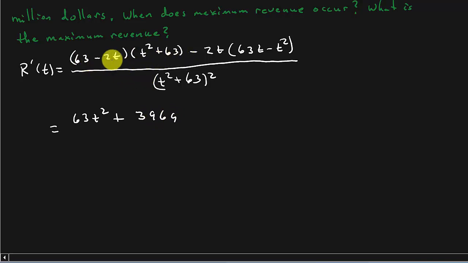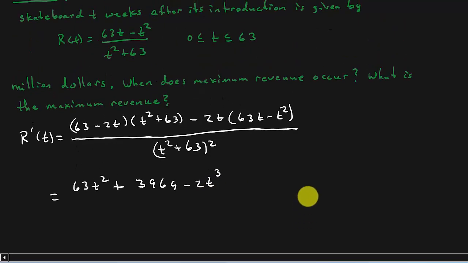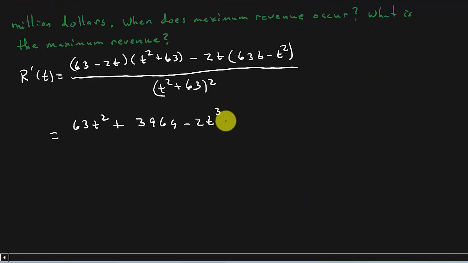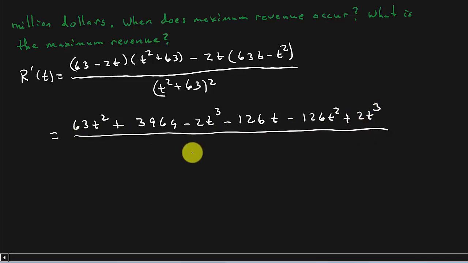Now I've got negative 2t cubed, minus 63 times 2, 126t, minus, that's going to be 126t squared plus 2t cubed, and that's over t squared plus 63 squared.